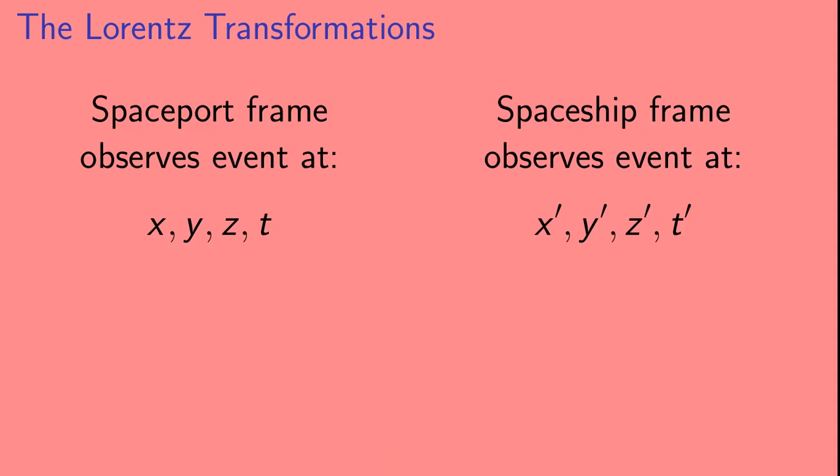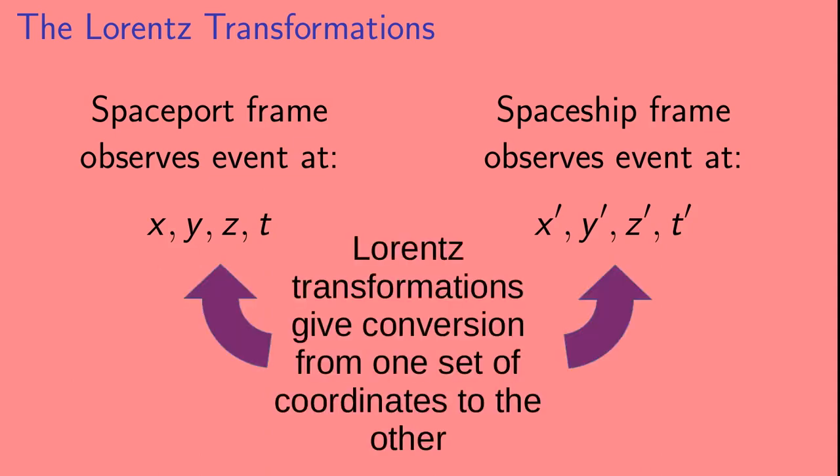So, in the spaceport rest frame, the event occurs at x, y, z, and t. In the spaceship rest frame, the event occurs at x prime, y prime, z prime, and t prime. The Lorentz transformations give the conversion from one set of coordinates to the other.